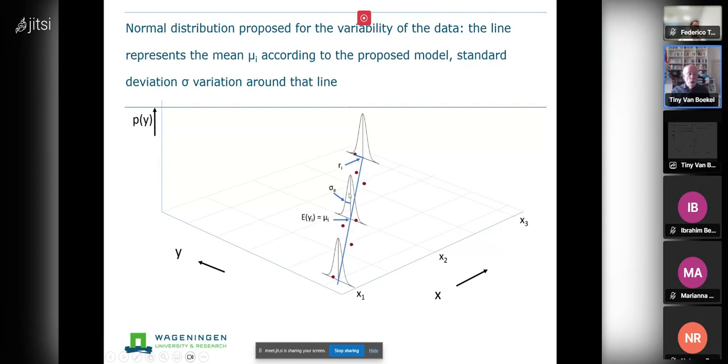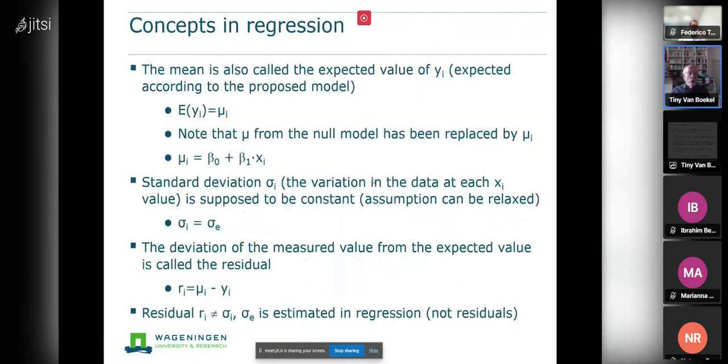We assume this normal distribution, which we then can characterize by a standard deviation sigma. And what we also have is the deviation between the measured point and the mean, which we call the residual.